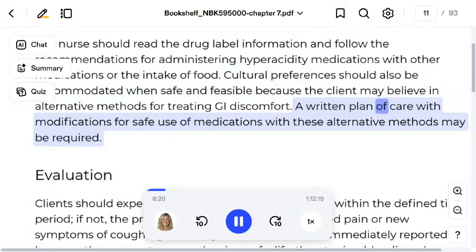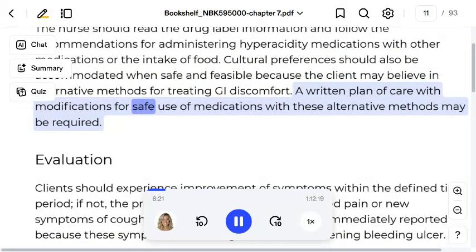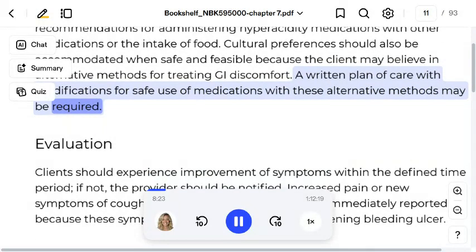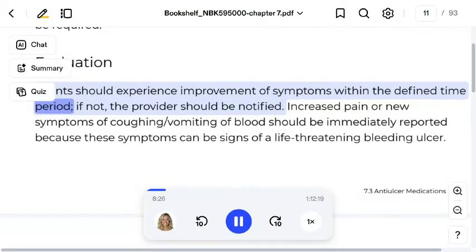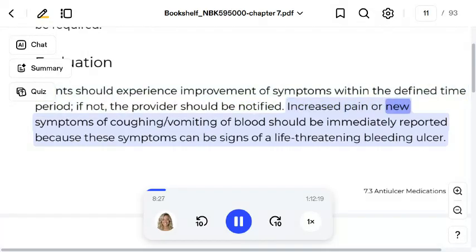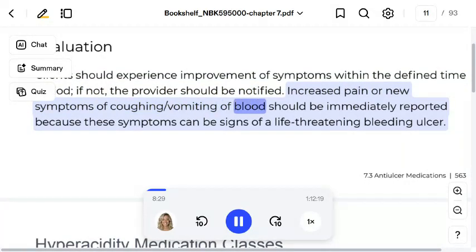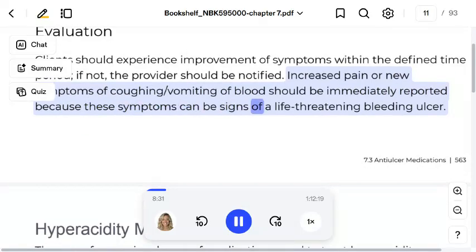A written plan of care with modifications for safe use of medications with these alternative methods may be required. Evaluation. Clients should experience improvement of symptoms within the defined time period. If not, the provider should be notified. Increased pain or new symptoms of coughing or vomiting of blood should be immediately reported, because these symptoms can be signs of a life-threatening bleeding ulcer.